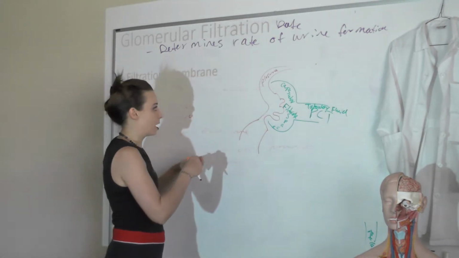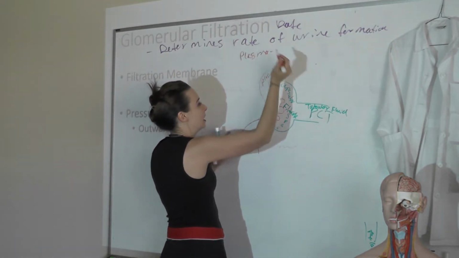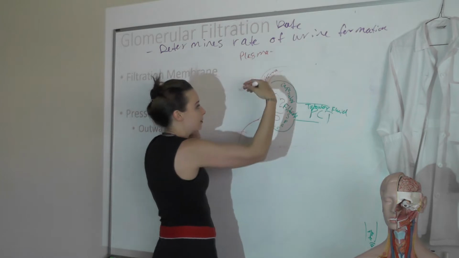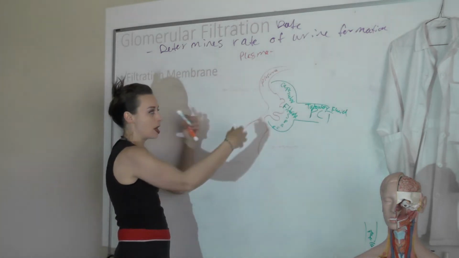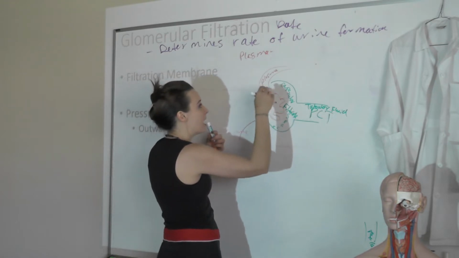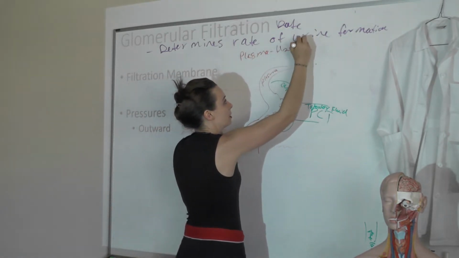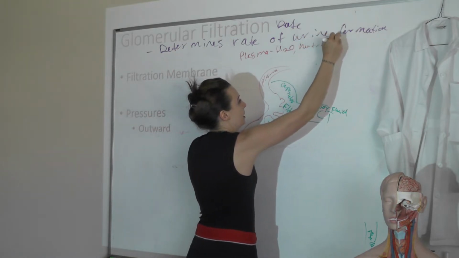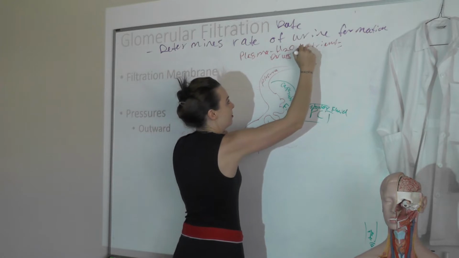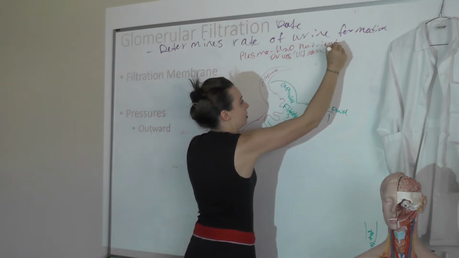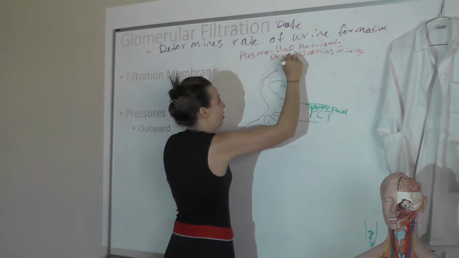What do we got going on? We've got blood plasma, and if we think about what the plasma coming in here has, it's got everything. It's got nutrients, wastes, drugs, ions, all of that. A lot of water, so it contains water, nutrients, any drugs we might have in the system, vitamins, minerals, ions, all that stuff.